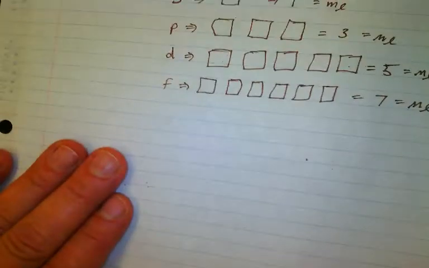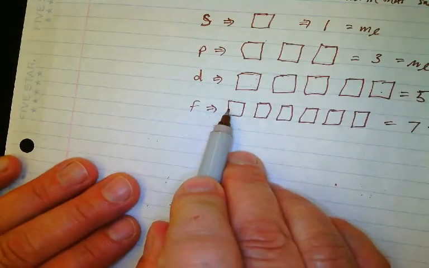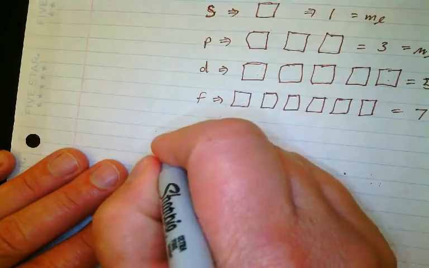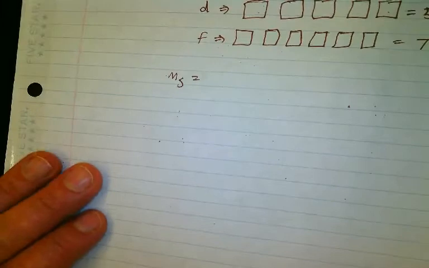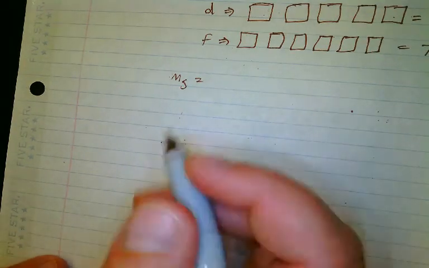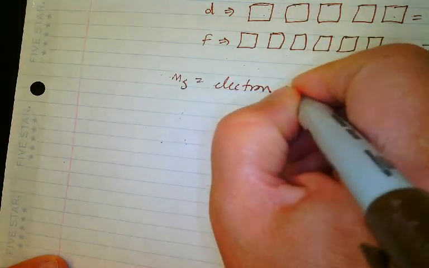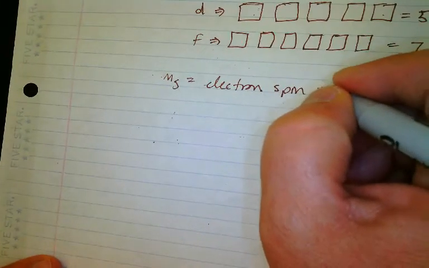The next level is now we're going to start putting electrons in here. And we use arrows for the electrons, right? The symbol for our electrons is M sub s. This is called our magnetic spin, the electron spin quantum number.